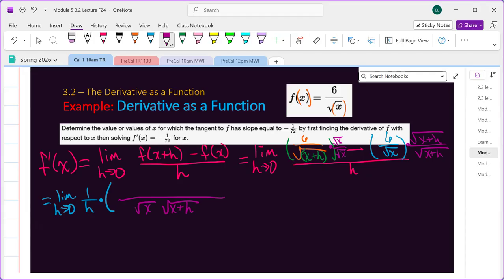Now, combining the tops of the fractions, we have to be careful because there's subtraction between them. The top of the first fraction would be 6 square roots of x. The top of the second fraction would be 6 times this other square root. So I'm just going to write it as minus 6 times the x plus h square root.